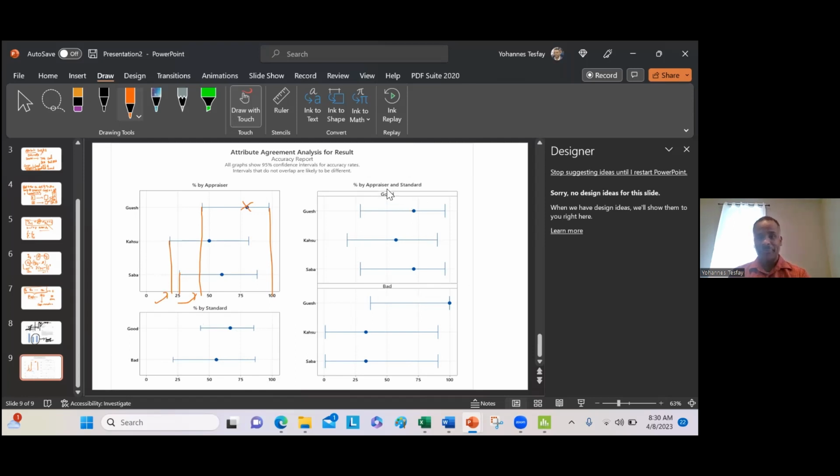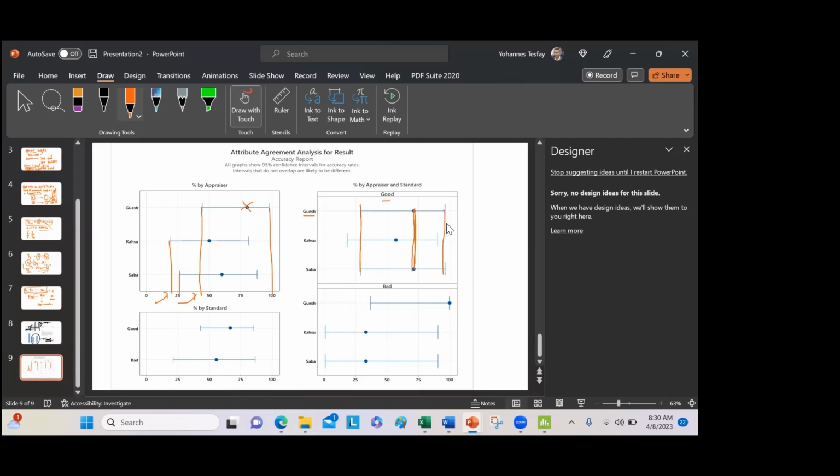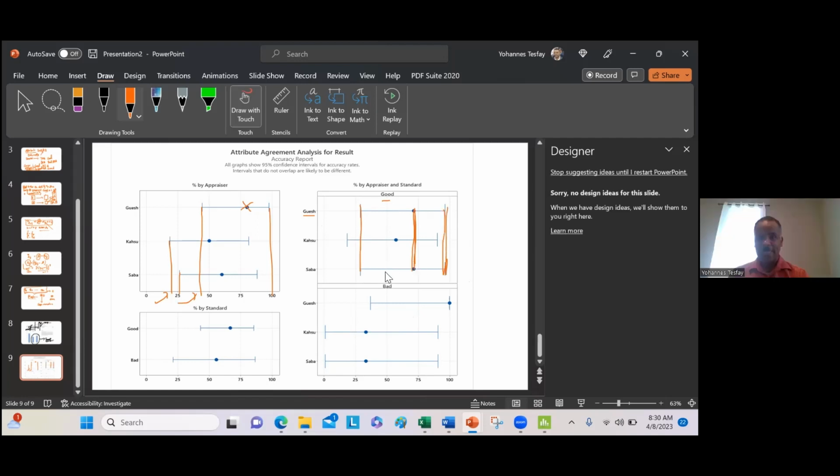So now here is the ability of GUIsh to detect good parts as good. You see, it's right here. That's the nominal value. So Saba and GUIsh, in terms of detection of good as good, they are equal. And also the confidence intervals for these two are almost equal. But Kasu is going to give us confusing results.